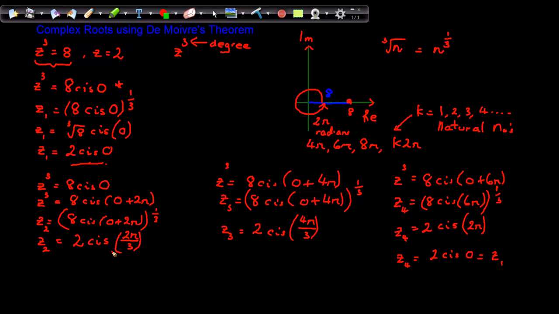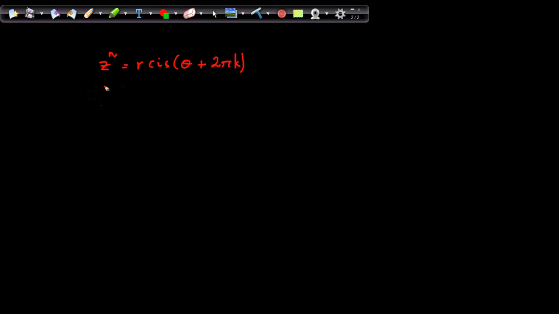Okay, so what does this mean in general? Well, what it means in general, if I go to a new page here, if we had z to the power of n equal to r cis of some argument theta plus multiples of 2 pi, we could solve that using good old de Moivre's theorem and moving that power to the other side.